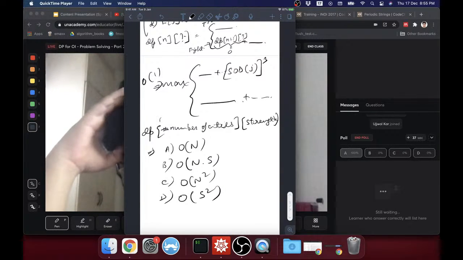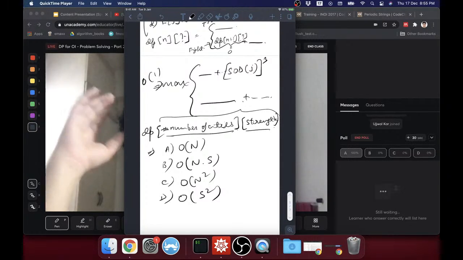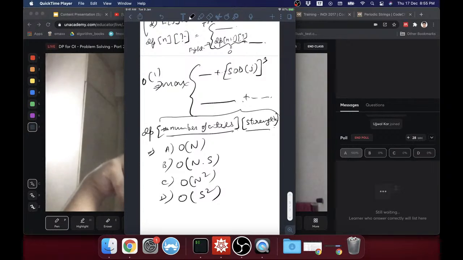How big is the state? That's my question. So you have one dimension which is n and you have another dimension which is strength. How slow is this process total?